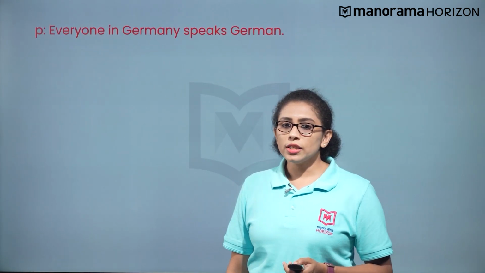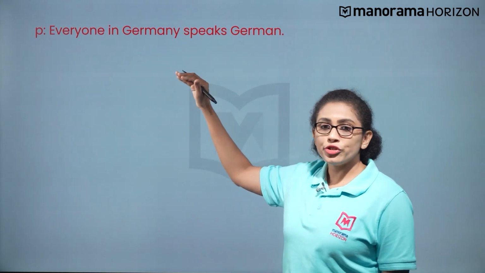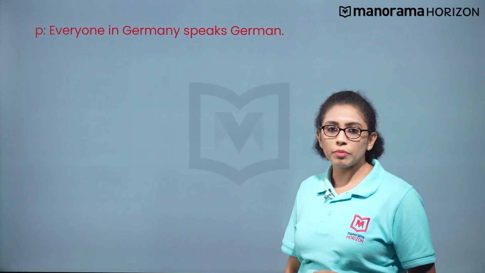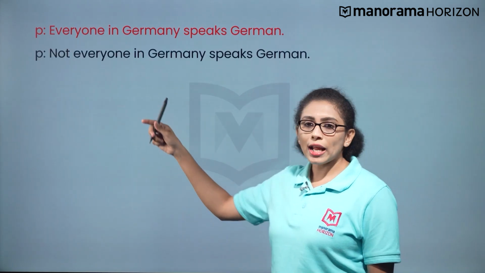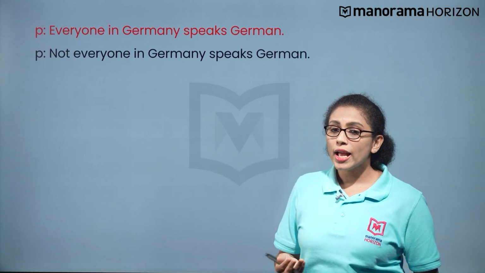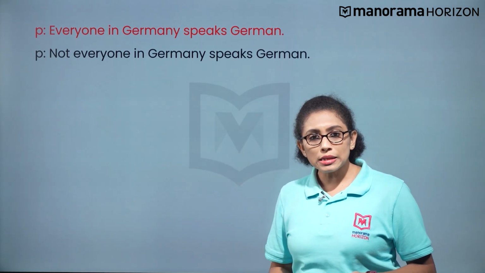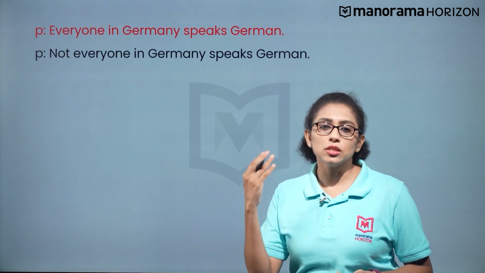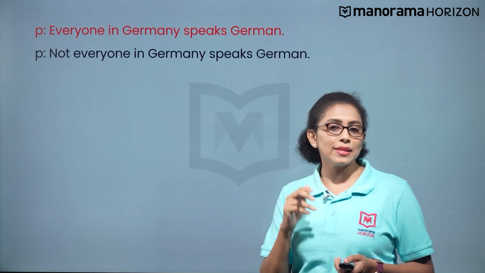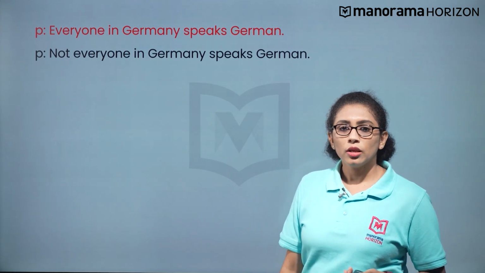Consider a statement, everyone in Germany speaks German. What will be the negation of this statement? Not everyone in Germany speaks German. It means that at least one person in Germany does not speak German.